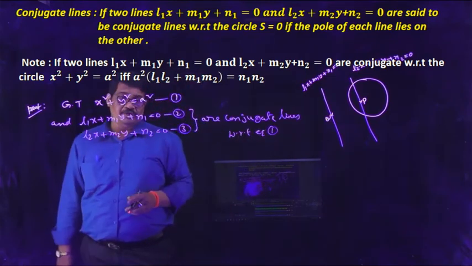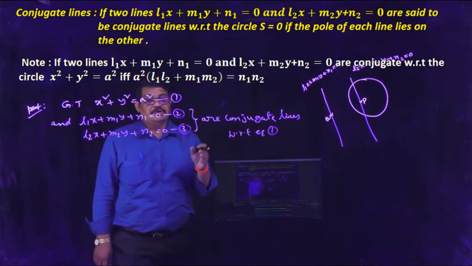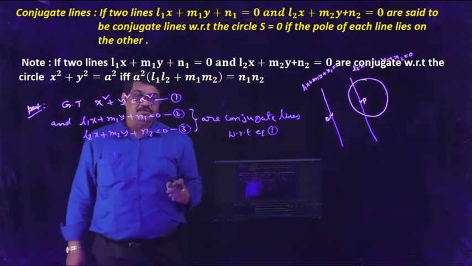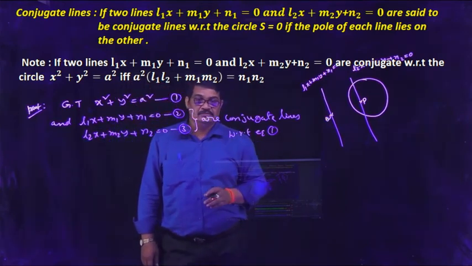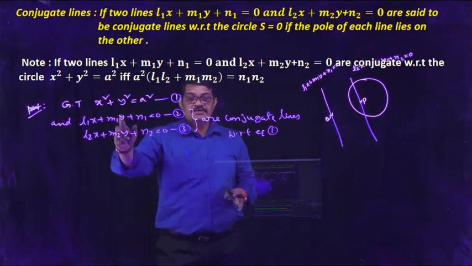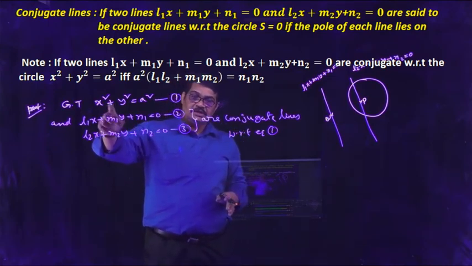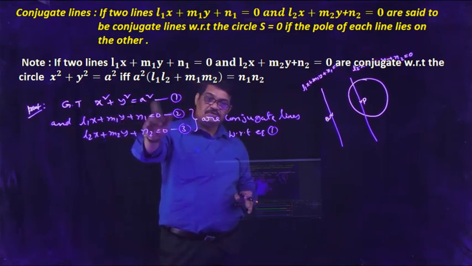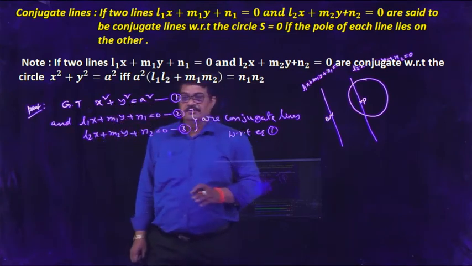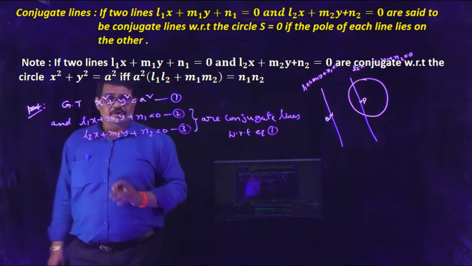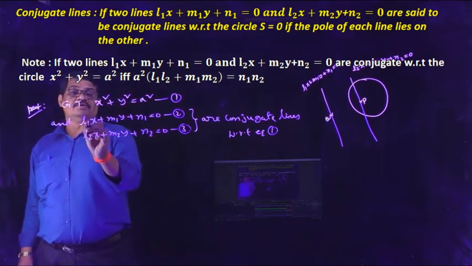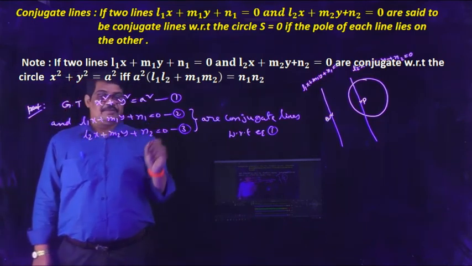Then we are proving the condition a square into L1 L2 plus M1 M2 is equal to N1 N2. That is the condition for these two lines to be conjugate lines with respect to the circle x square plus y square is equal to a square. Now we assume that P is the pole of the first line.